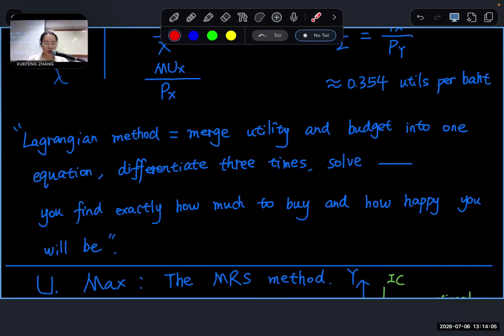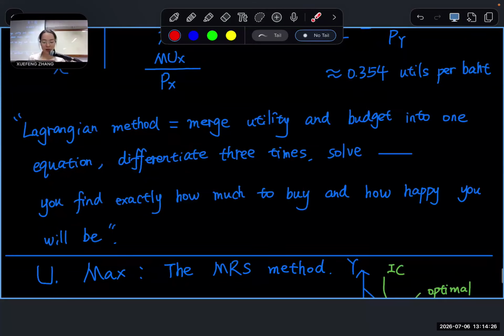The Lagrangian method merges the utility and the budget into one equation, and then we differentiate three times. We solve it systematically, and then you will find exactly how much to buy and how happy you will be.